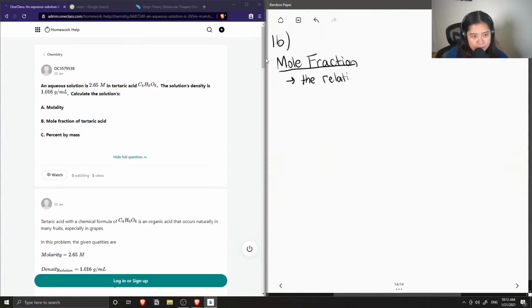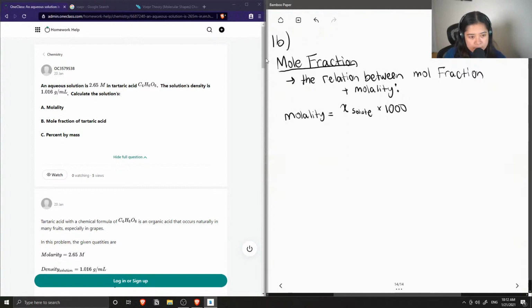The relation between the mole fraction and molality can be expressed as the following, where the molality is equal to the mole fraction of our solute times 1,000 divided by the mole fraction of our solvent times the molar mass of our solvent.